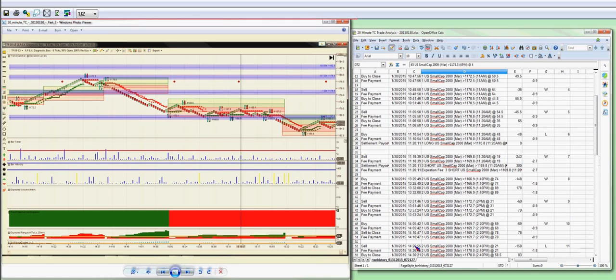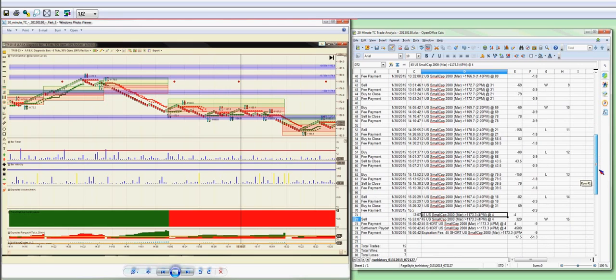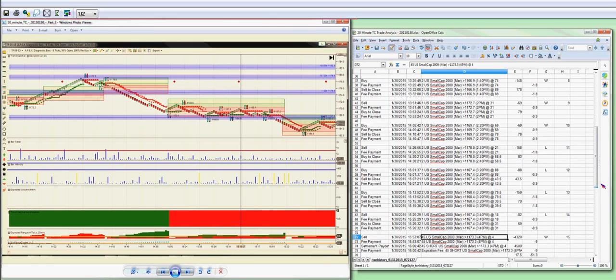So that would be this one, 1426. He sold it at 21. So he went deep in the money and sold it at 21.